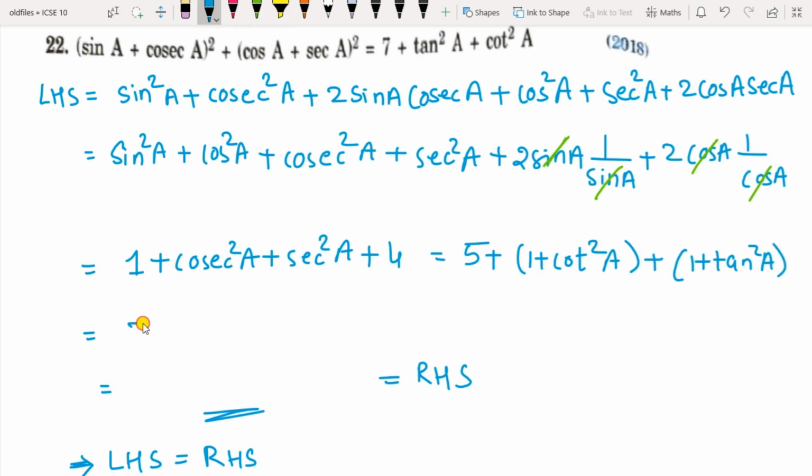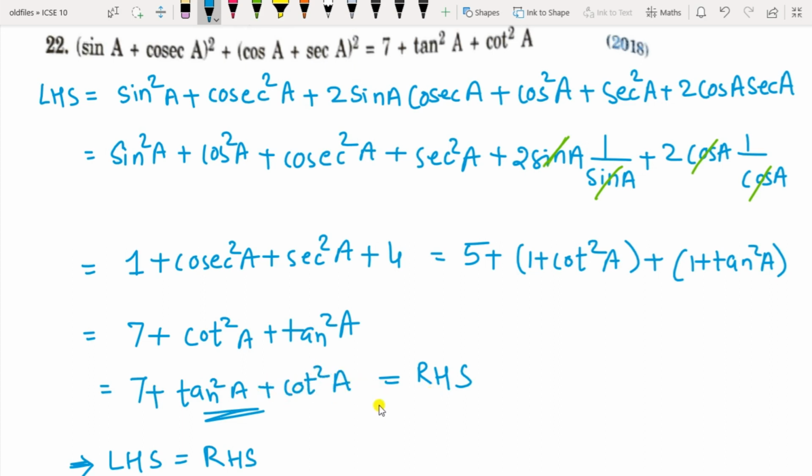So that is 7 plus cot square A plus tan square A, or you can rearrange the terms as written in the question: 7 plus tan square A plus cot square A, that is your RHS. So here LHS equal to RHS, hence proved.